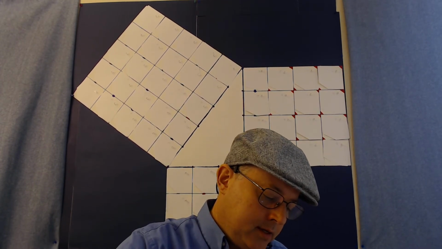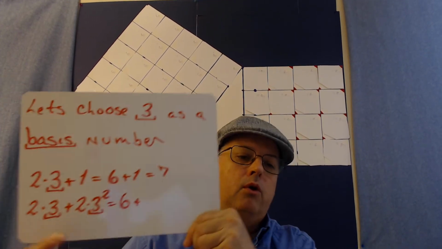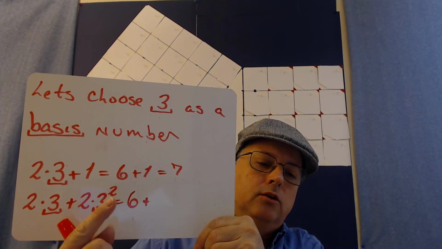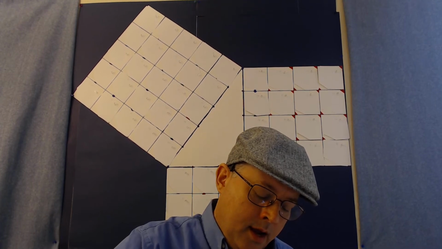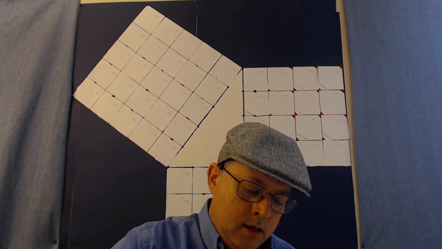And so 2 times 3 is 6. And now here, we're going to take twice the square of 3. And so that means we need to square 3 first, following the order of operations. So that's twice 3 squared, which is 9. And that's 6 plus 2 times 9 is 18. And 6 and 18 gives us 24.